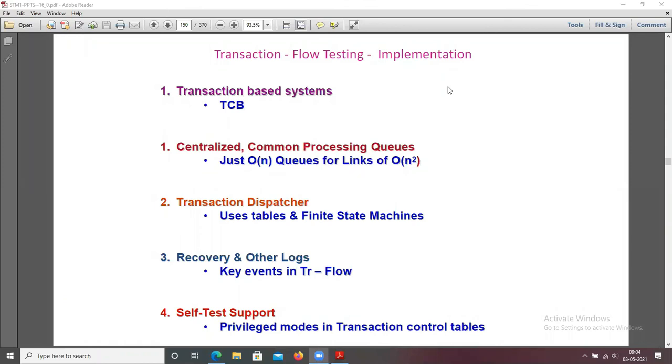Transaction flow testing implementation. One, transaction-based systems. Second, centralized common processing queues: just big O of n queues for links of big O of n squared.